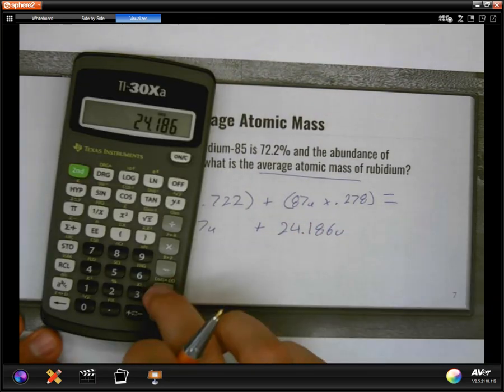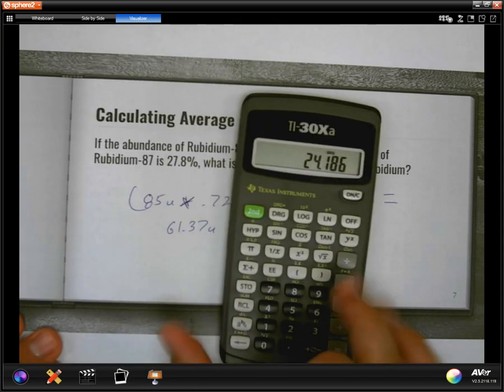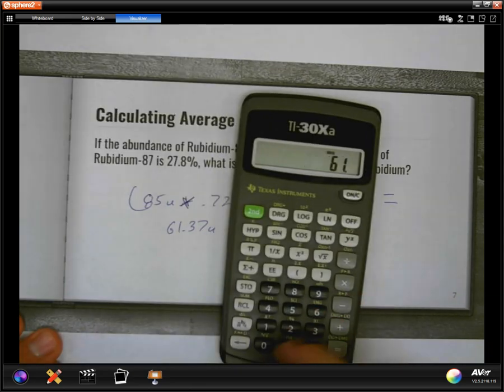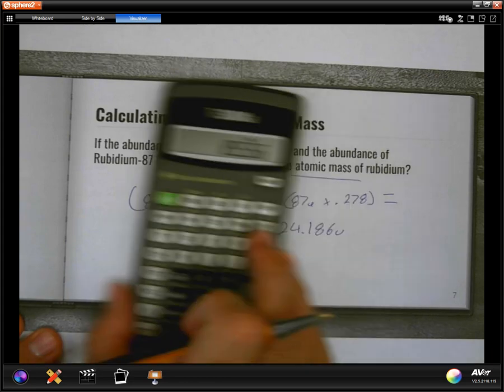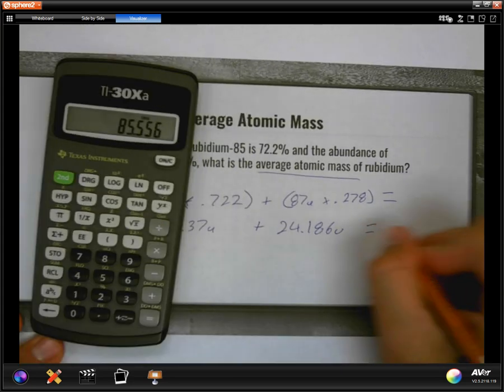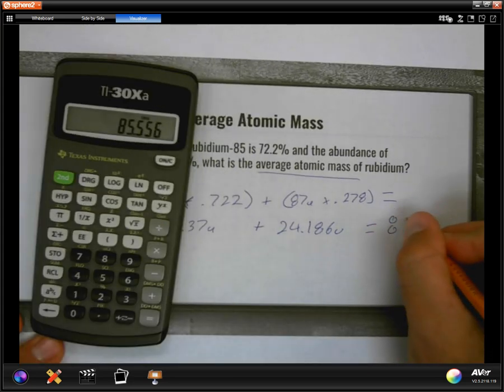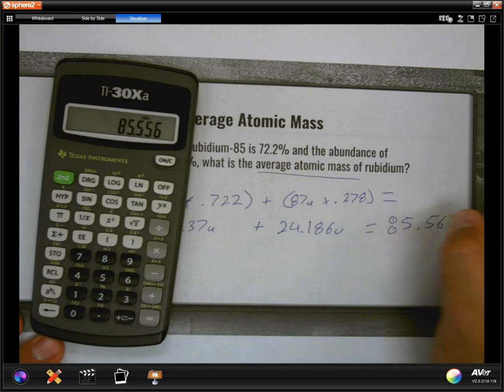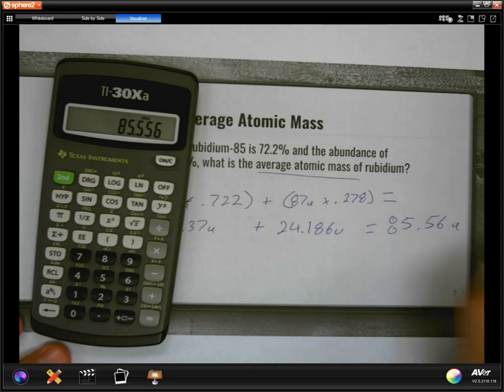And I just simply add those two numbers together, 61.37 plus 24.186, and I get 85.56, because, like I just said, go to two decimal places. And this will be labeled U, or you can even label it AMU.